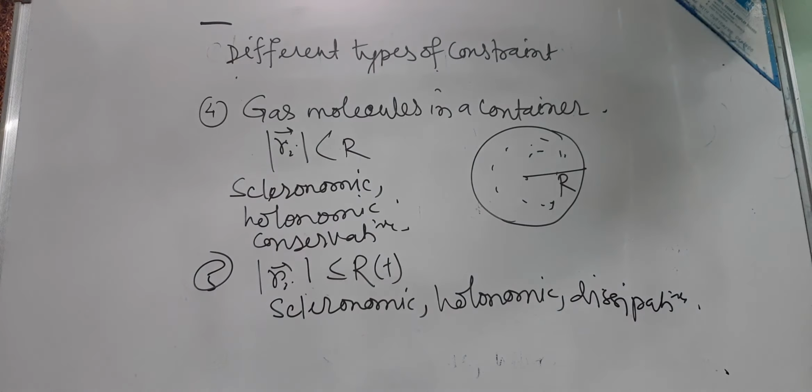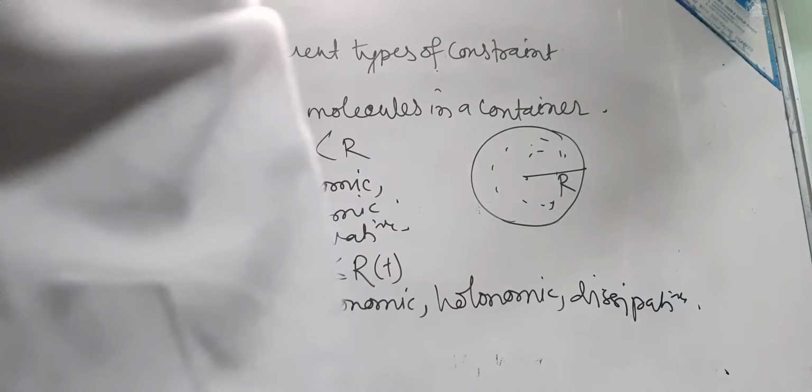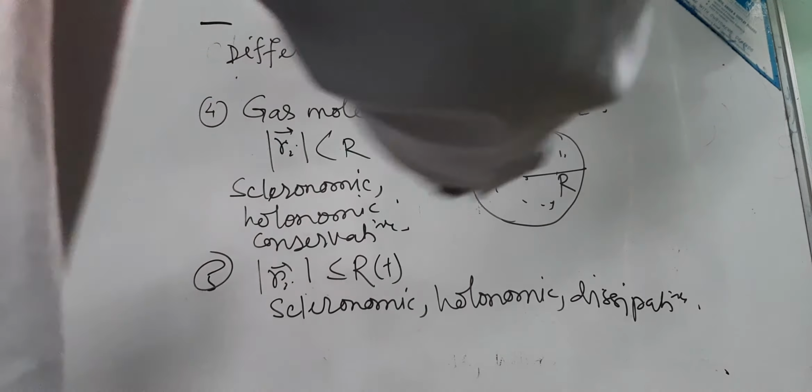Similarly, we talk about a bead sliding on a wire rotating uniformly about the z-axis. I'll take another two examples. The sixth one: this is the wire, this is the origin, this is x and y.